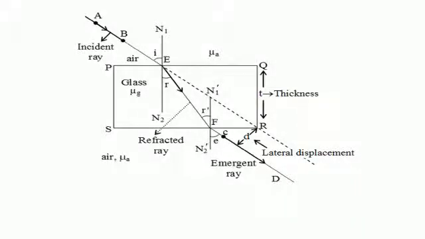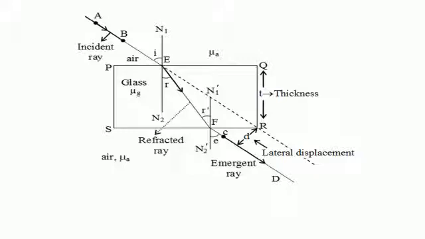Good morning, students. I hope you have seen the practical demonstration of refraction of light and how we can trace the path of a ray of light that is traveling from one transparent medium to another.